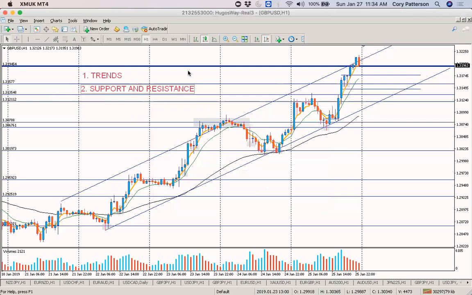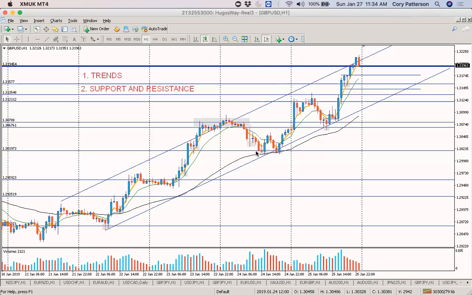And support and resistance tell you where you're likely to have a change in direction in price. Where is price likely to react to those levels? Those are the main reasons why you need to understand support and resistance. Throughout the chart, you'll see continual areas of support and resistance.